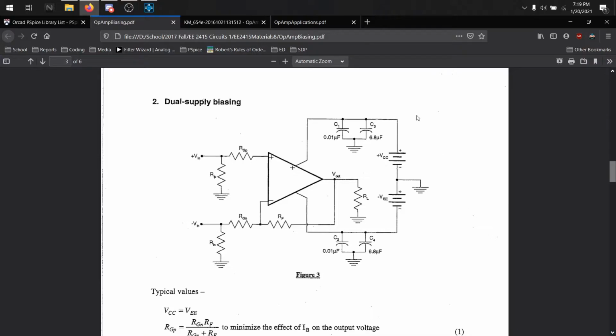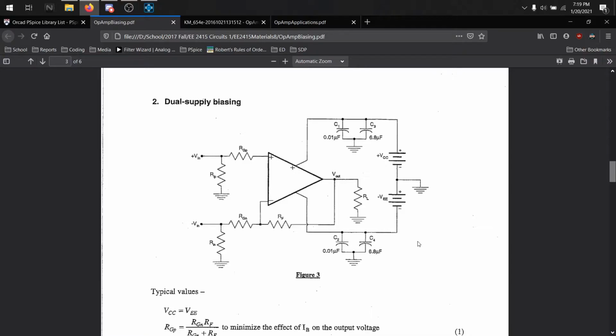But biasing is you're turning it on with DC. Like I said, everything's fun when it's a sine wave, when the voltage is up and down. That's when we get all the stuff we have today. But you need DC to turn it on.